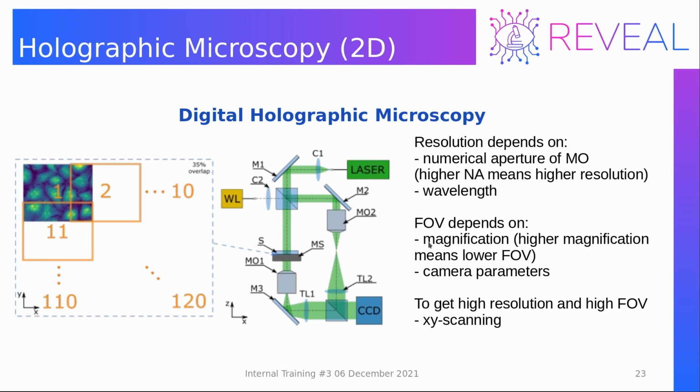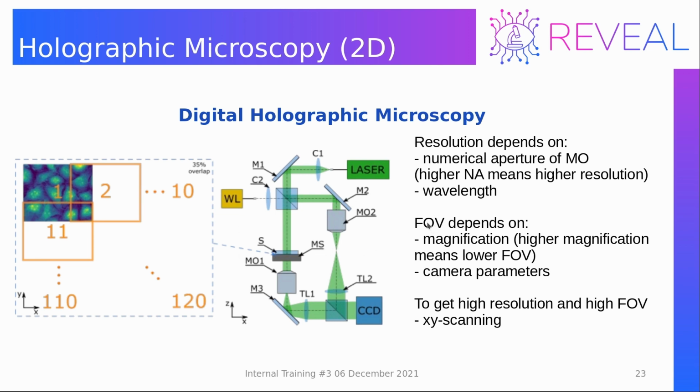Unfortunately, most of the microscope objectives with low magnification also have low numerical aperture. So if you want to have high numerical aperture, probably you will also have high magnification. So that means that there is always this trade-off between the resolution and the field of view. You can either have high resolution or high field of view. You cannot directly have both with this kind of setup.